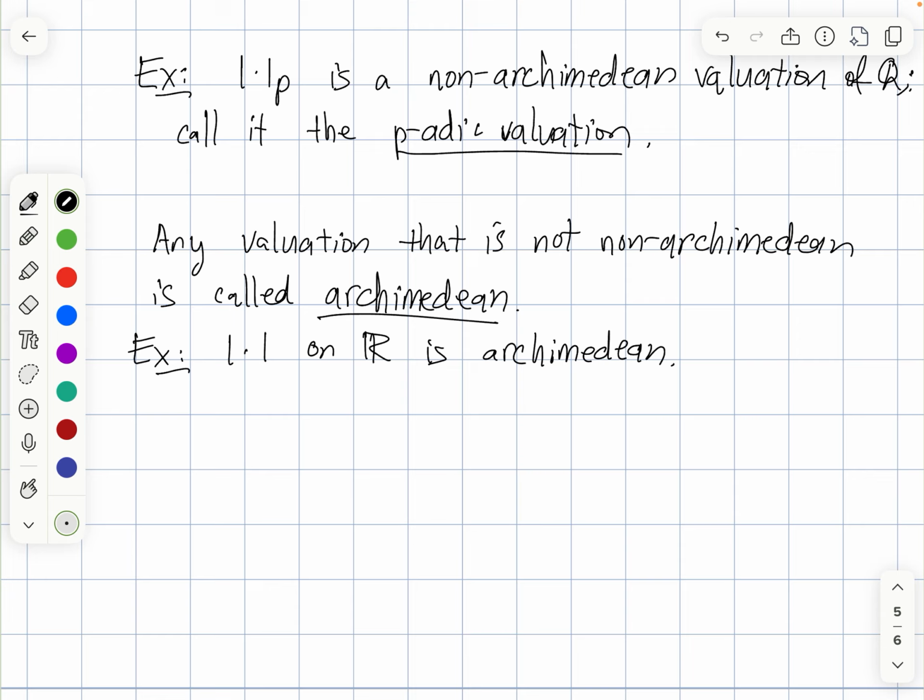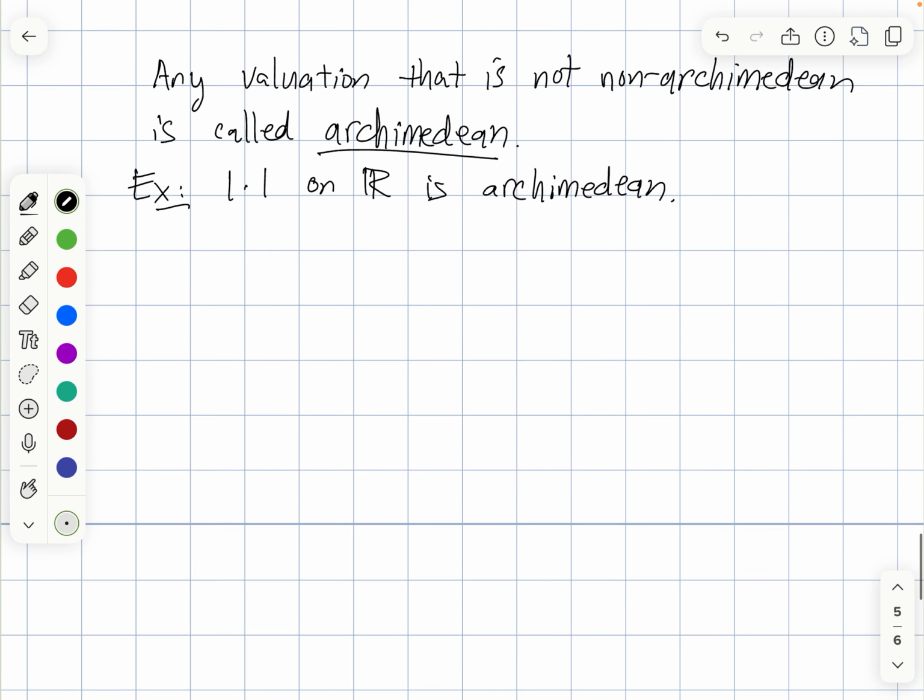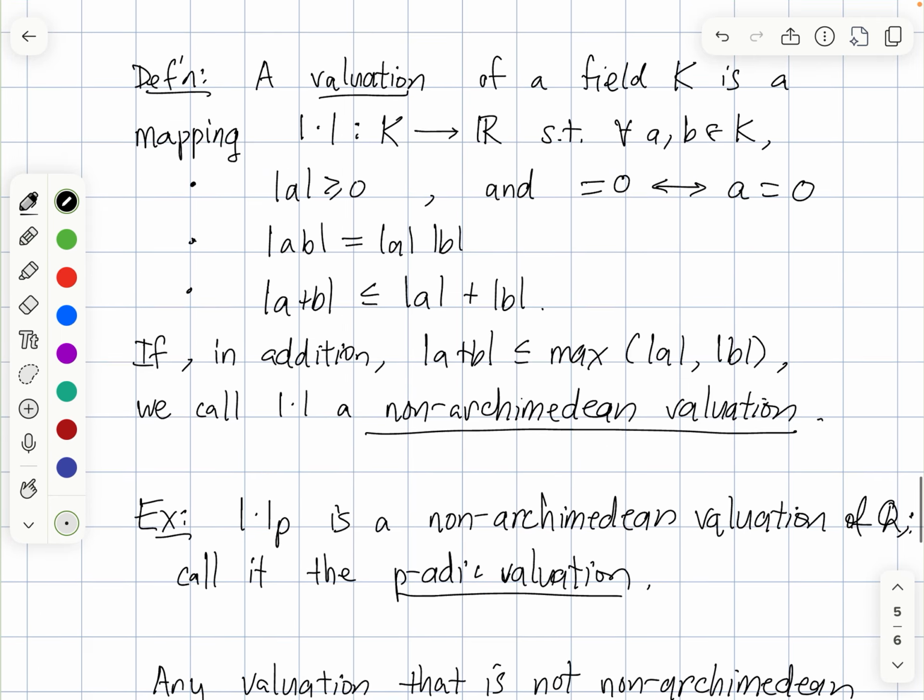Okay. One thing to keep in mind is that sometimes you have a mapping defined on an integral domain and you want to extend it to an evaluation in the quotient field. So there's a useful theorem. Here we defined valuation on a field.